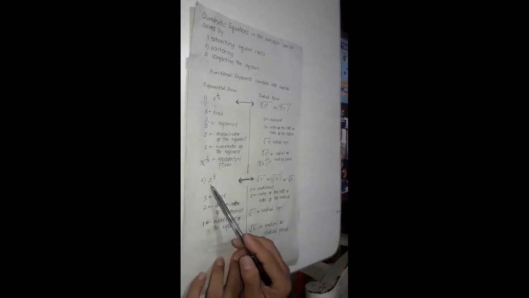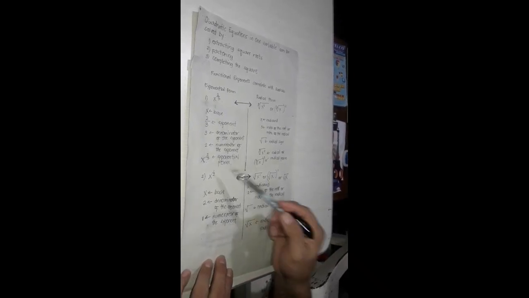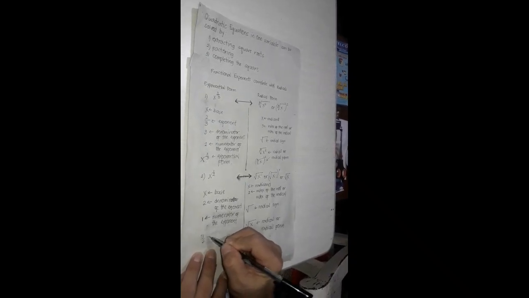Another, x raised to 1/2. The exponent is 1/2. X is the base, 2 is the denominator of the exponent, 1 is the numerator of the exponent, and 1/2 is the exponent of the exponential expression.